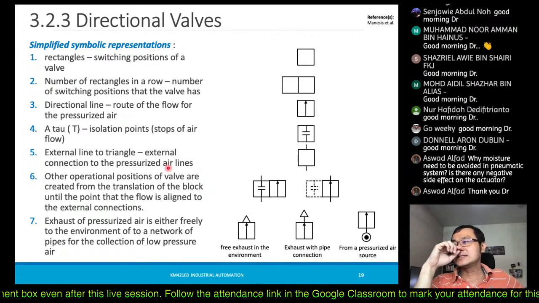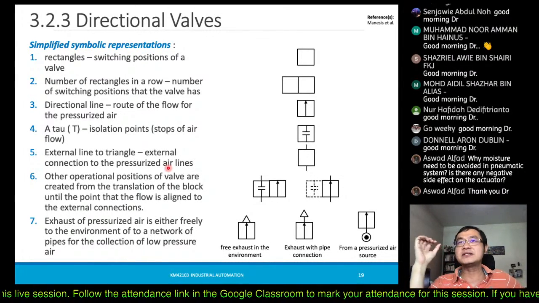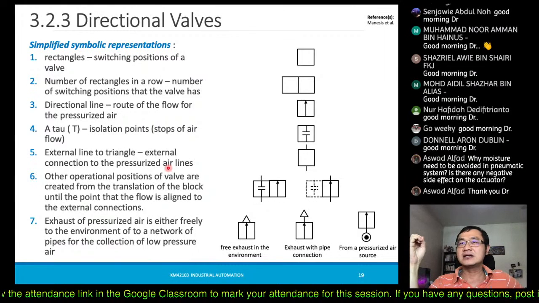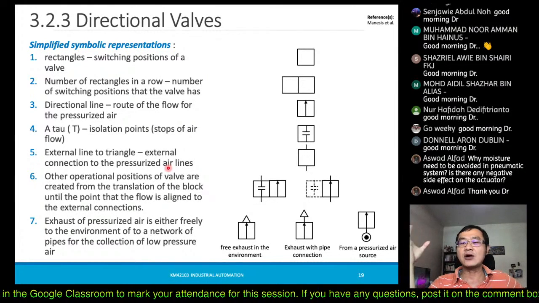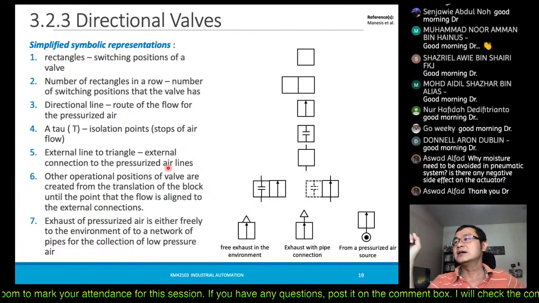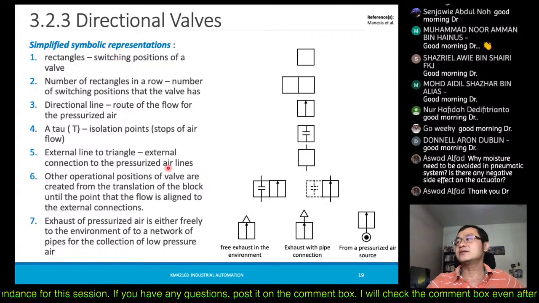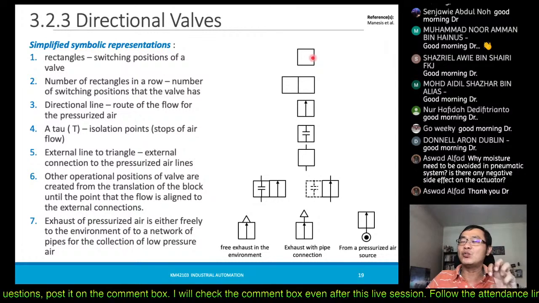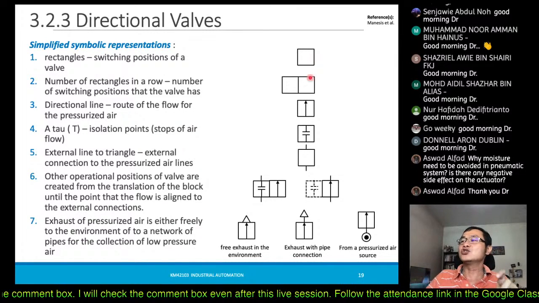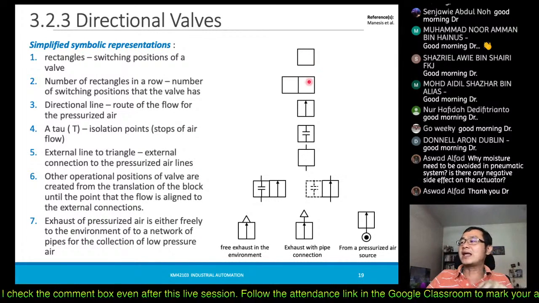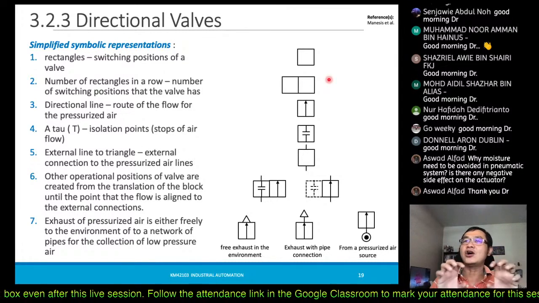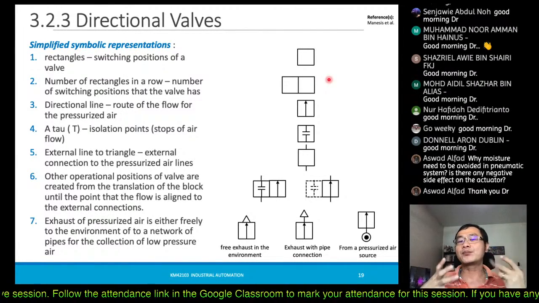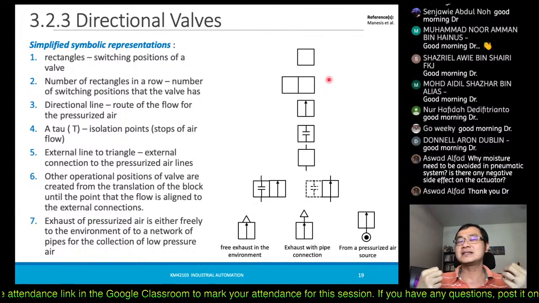Here is the simplified symbolic representation that will help you understand how it is constructed according to a standard. Each of these rectangles represents the position of a valve, or a state itself. You may have 2 rectangles or 3 rectangles, depending on the states you can operate within that particular cylinder.